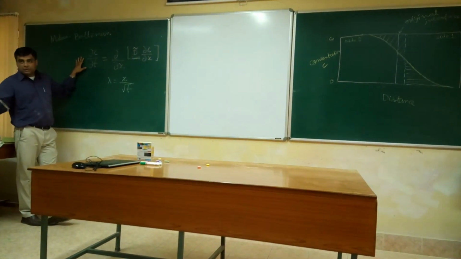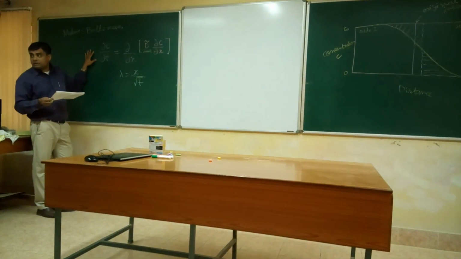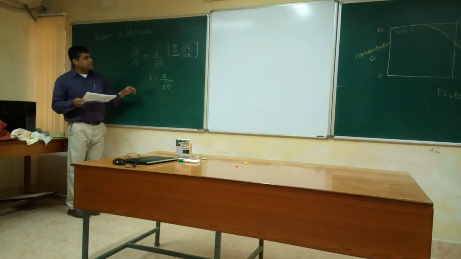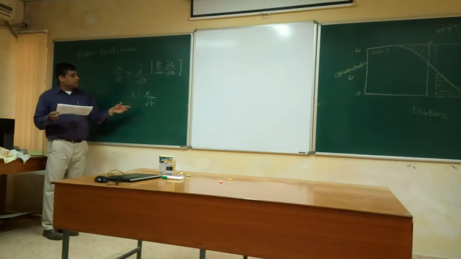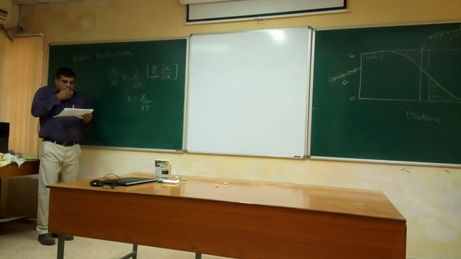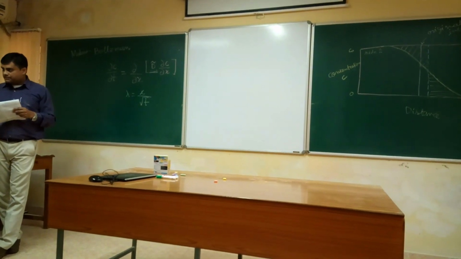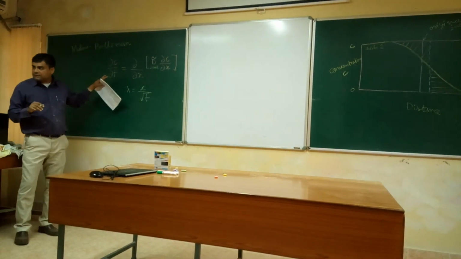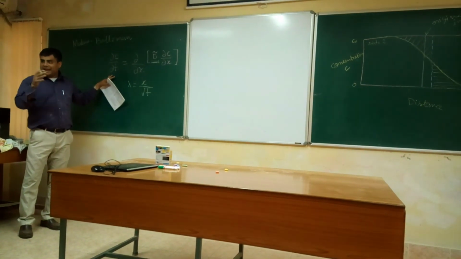Can you do it on your notebook? Substitute and do it. What I am saying is that in place of the x and t variables, you use the lambda variable, to get rid of t. You will find out why they have done so.